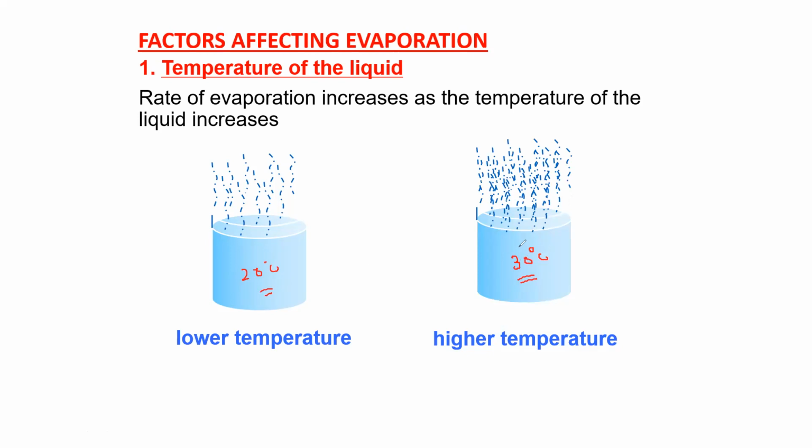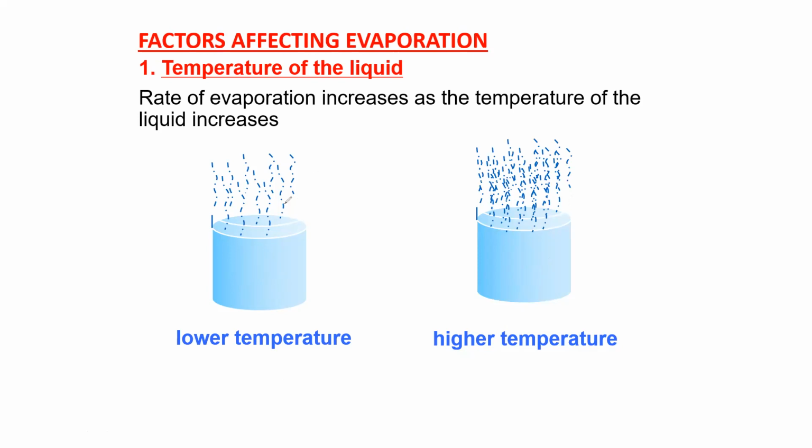In which one will you have a faster or greater rate of evaporation? The liquid at a higher temperature, whether it's the temperature of the liquid or the temperature of the surrounding.